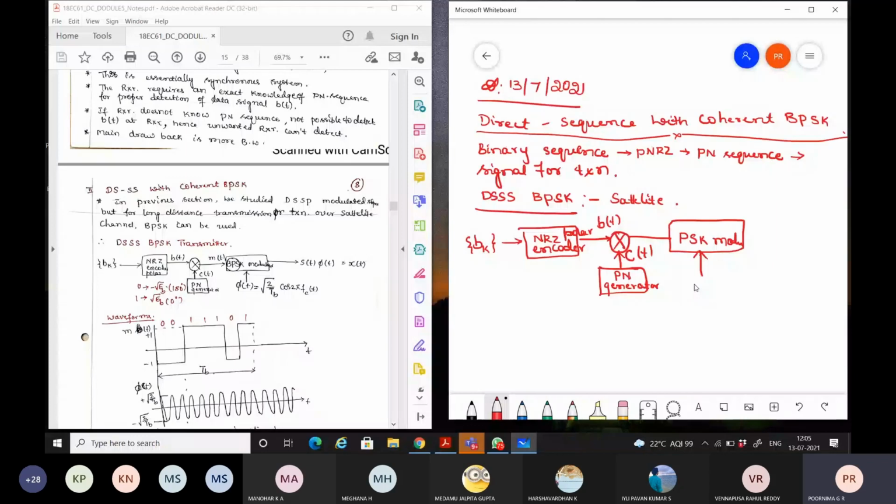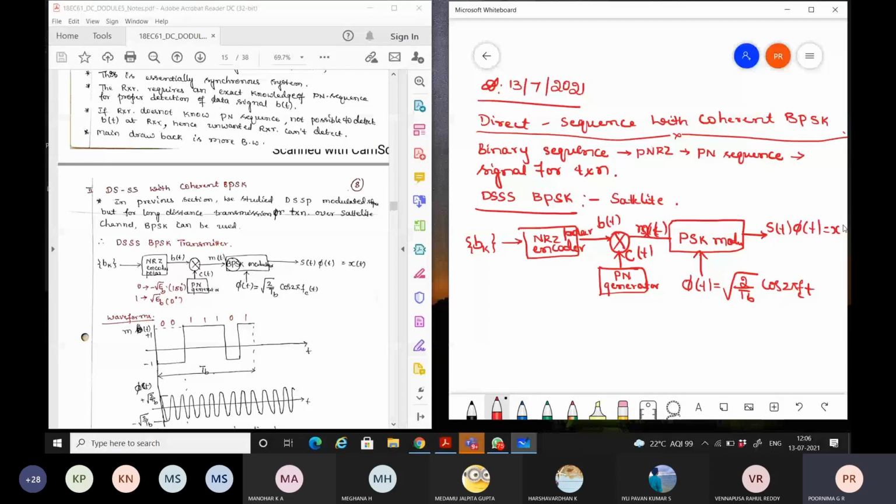So here let us see the waveforms, how you will get them for this direct sequence spread spectrum with binary phase shift keying. For which let us see a given sequence. Let me consider your m of t.